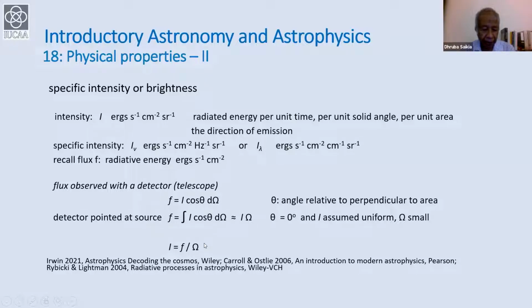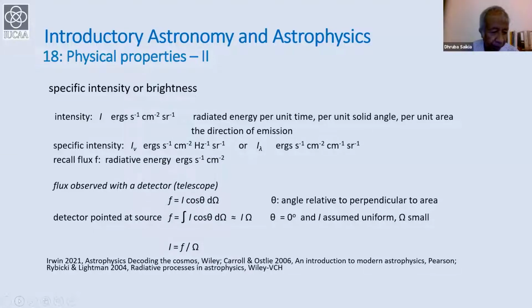If you're talking of specific intensity or specific flux density, then it will be at a particular frequency or wavelength. But this is a more general expression: intensity is equal to the flux density divided by the solid angle. So just remember that this is a very basic definition which you should remember.